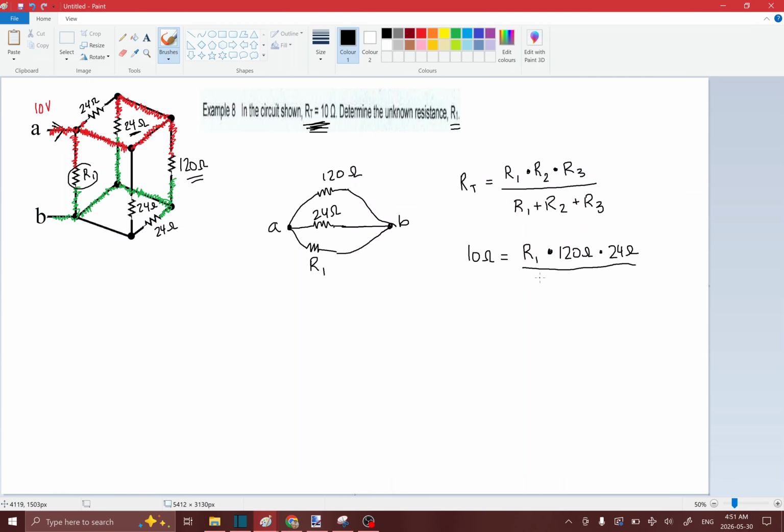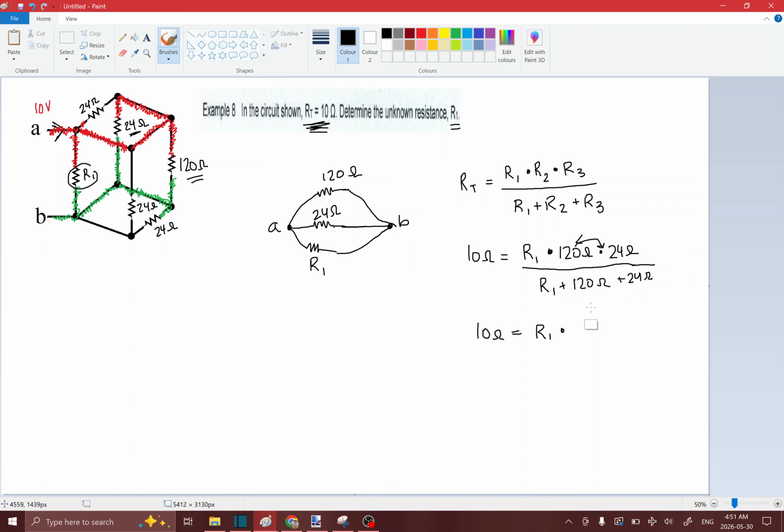Then down here, we'll have R1 plus 120 plus 24 ohms. And now we just have to solve this formula, which may be easier said than done, but let's try anyways. So 10 ohms is equal to R1, and then that's going to be multiplied by 120 times 24.